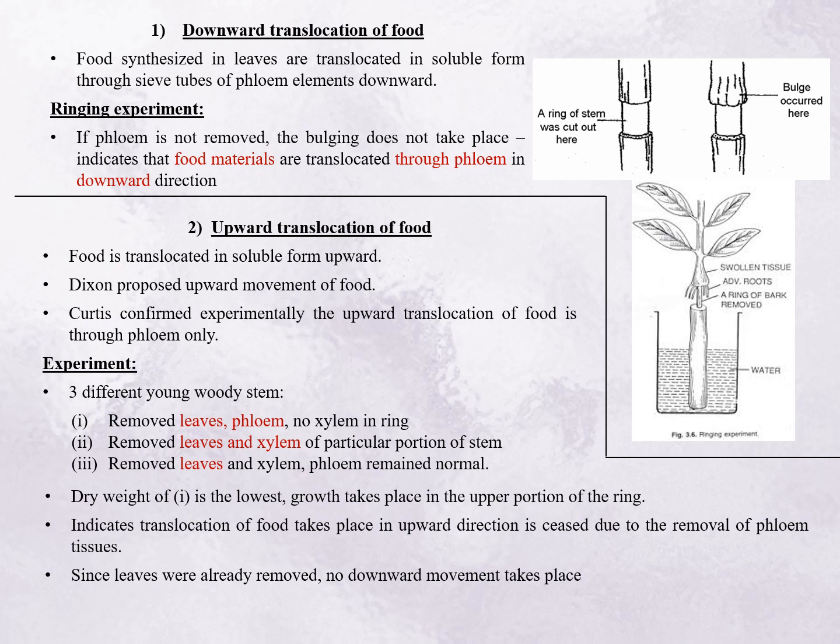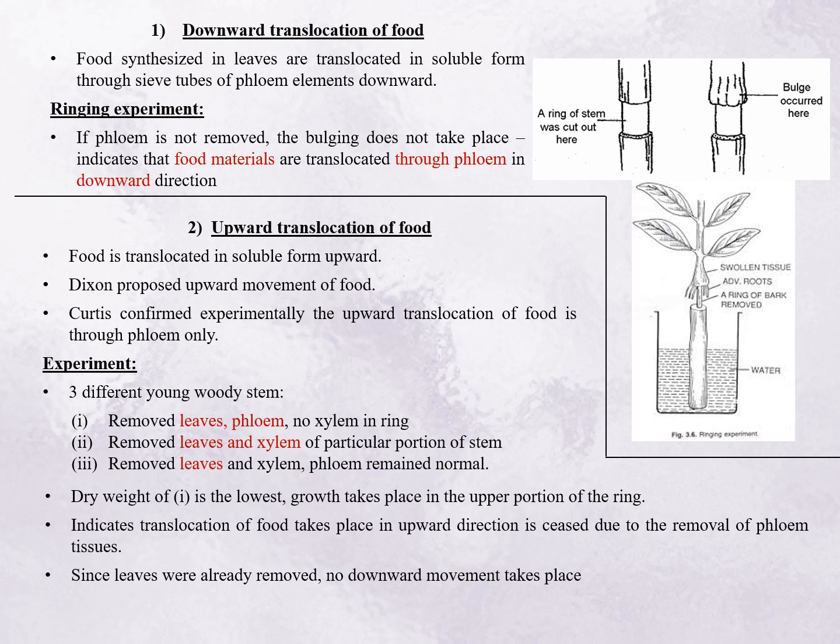It was noted that where the leaves and phloem were removed, it showed the lowest dry weight. This indicated that the plant was not able to synthesize food since no leaves were there, and since the phloem was removed, no translocation of food was done.